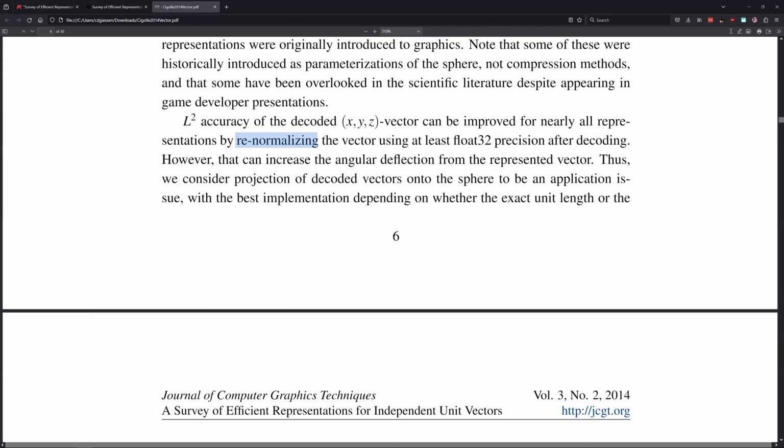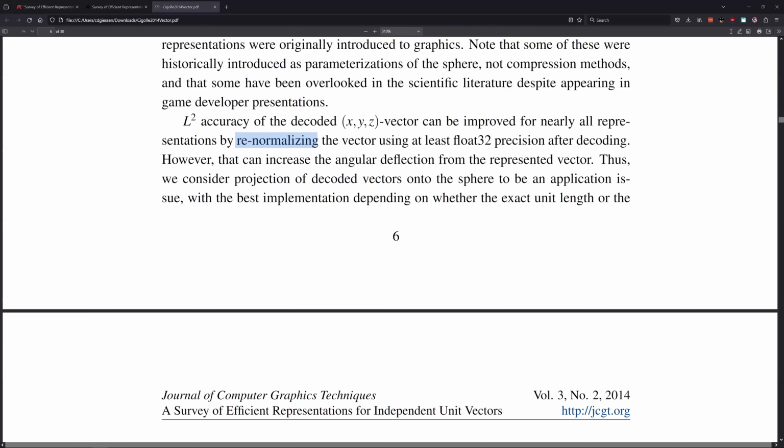Yeah, because even if it's not a unit vector, it's still pointing in the right direction. However, some math might not like it if it's not a unit vector proper, or it might just be less precise over time. The representation could be less precise than just having 3 float 32s.